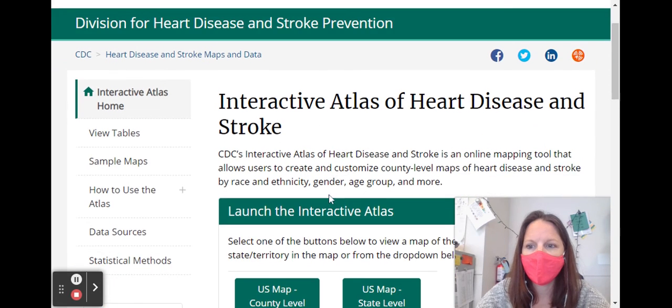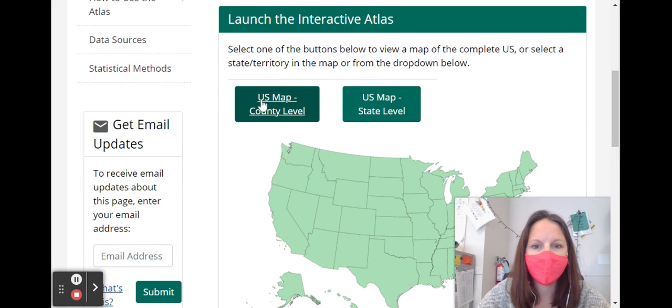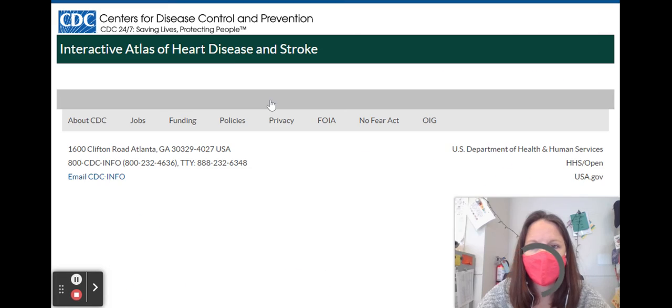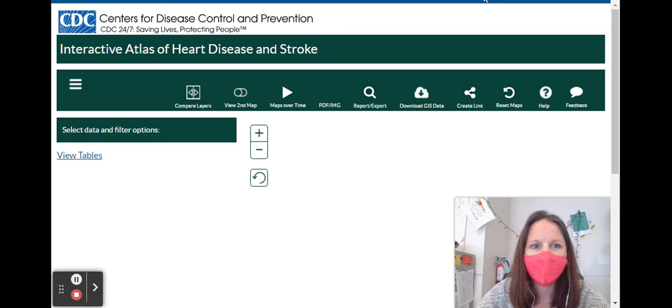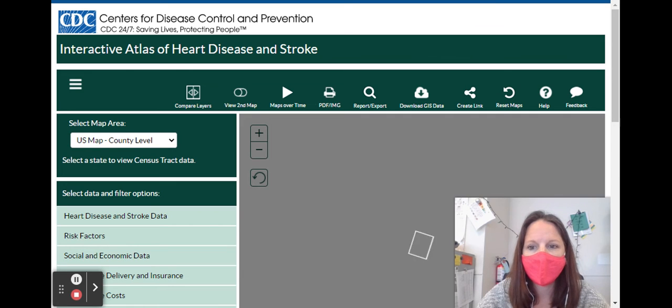Then you're going to go down to where it says US Map County Level. Click on that. Give it a second, sometimes it takes a minute to load. Once this opens, then you're going to want to click on Texas.